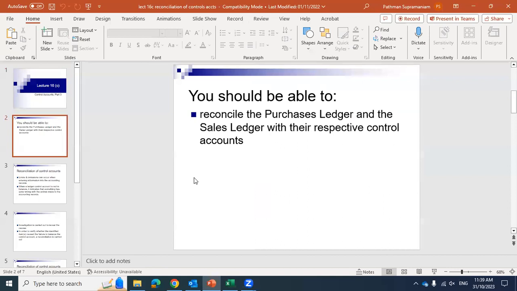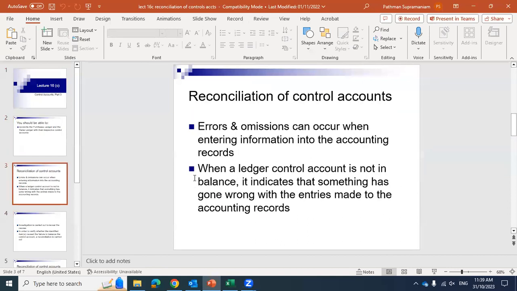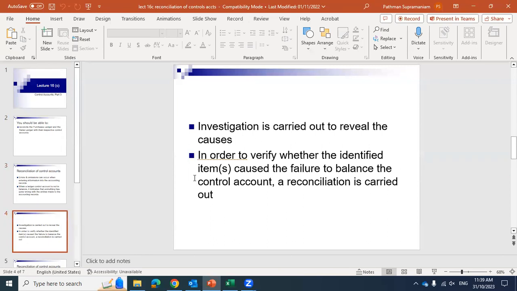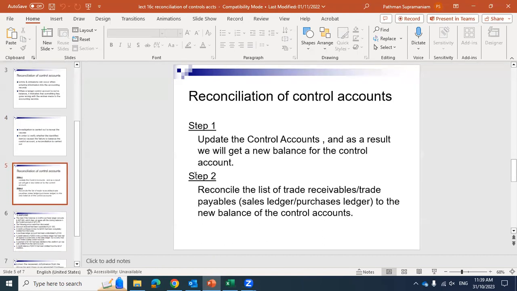So the steps to doing this are: we need to identify all the errors, then update the control account, and then reconcile the sales ledger or purchase ledger balance to the updated sales ledger control or purchase ledger control account.